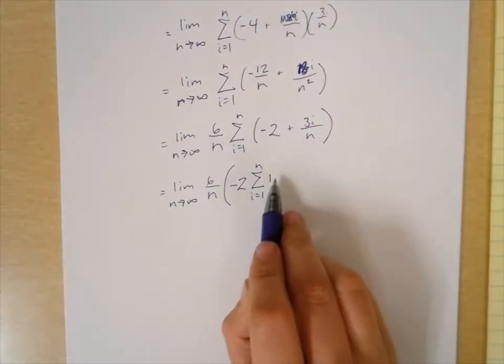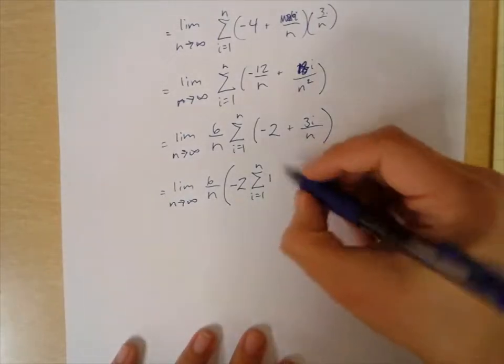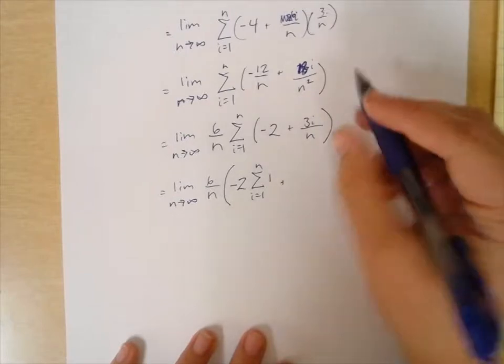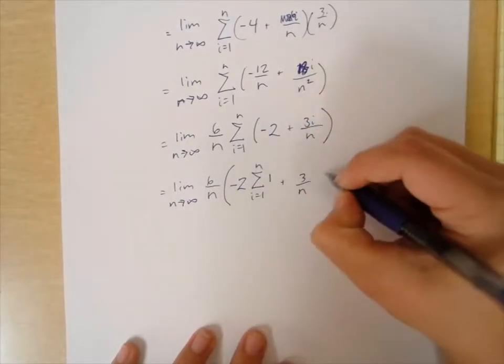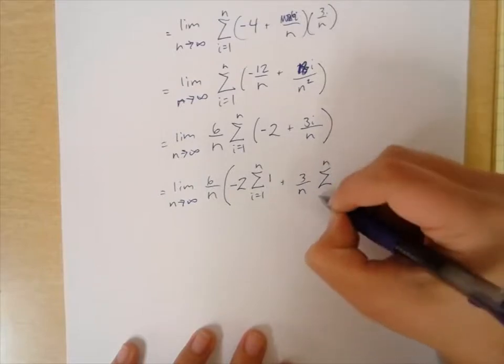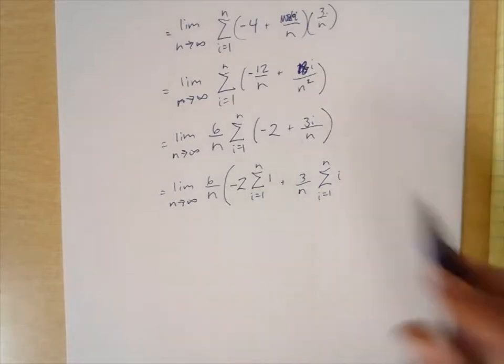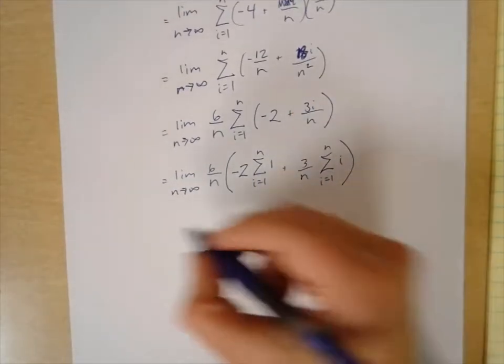And I'm going to do that because there's a property for the summation of 1 that's going to be really easy for us. And then I'm going to do the summation of 3 over n outside summation of i. Okay, so we took out the constants that were helpful there.